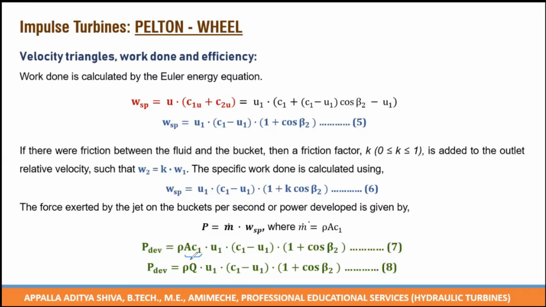So instead of A C1 we can write Q. I'll write it here. Q equals A times C1. So we make this small change and we have the equation for power developed. This is the equation for the power developed by the impulse turbine.